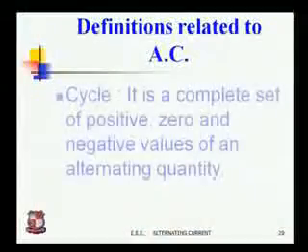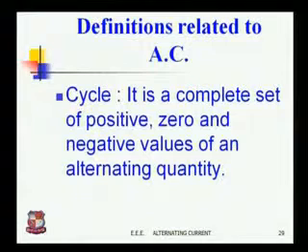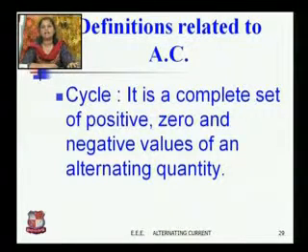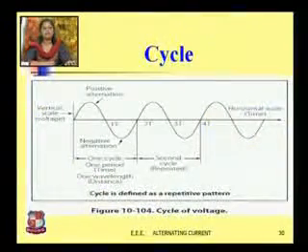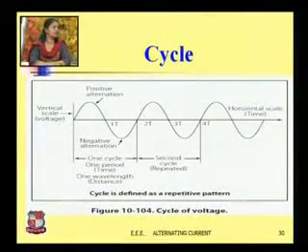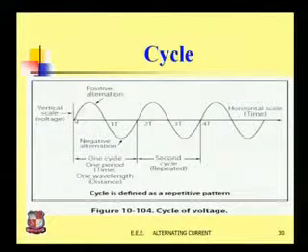Okay, now we will discuss the basic definitions related to AC. First is the cycle. As we know, a cycle is a complete set of positive, zero and negative values of an alternating quantity. As shown in the figure, this is your initial point, starting from 0, and this is your final point.